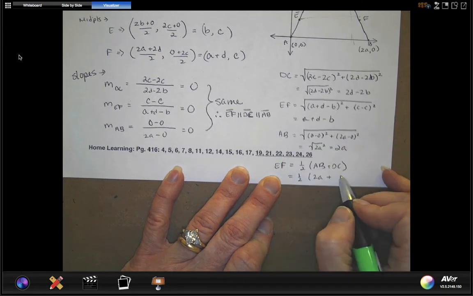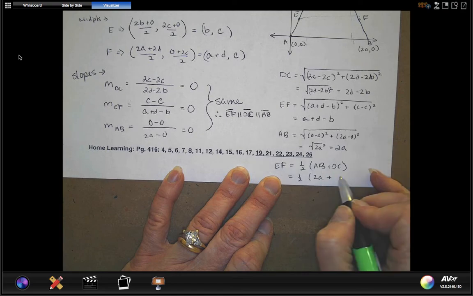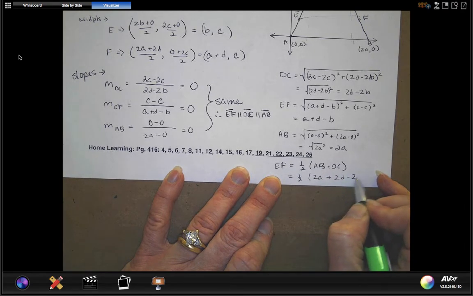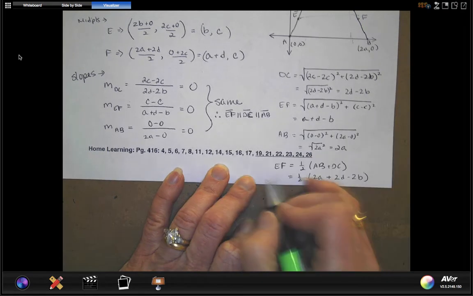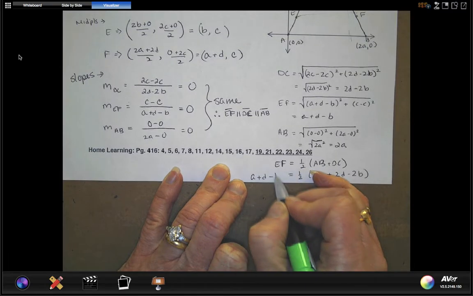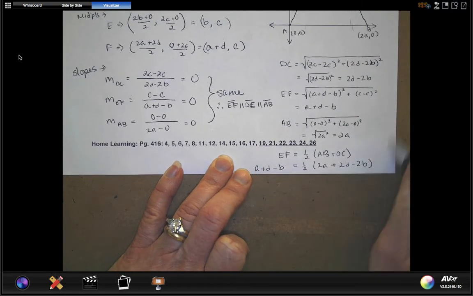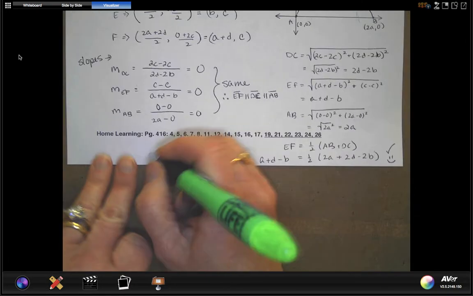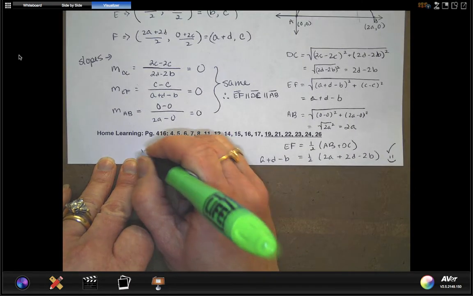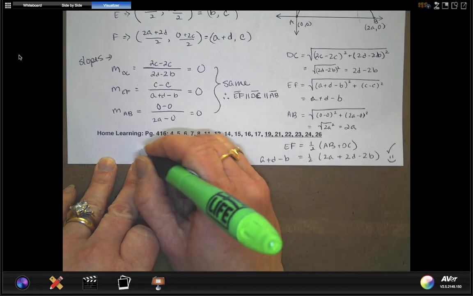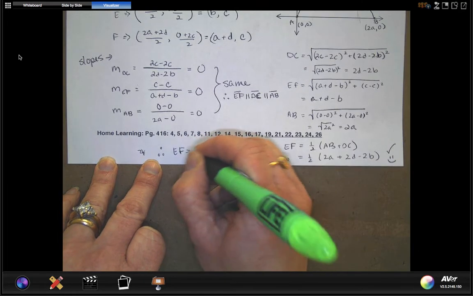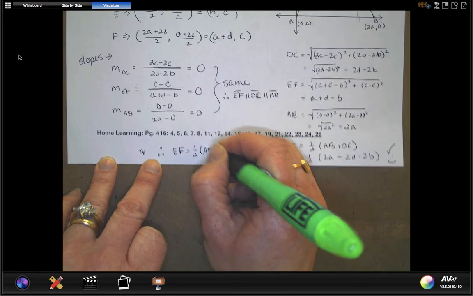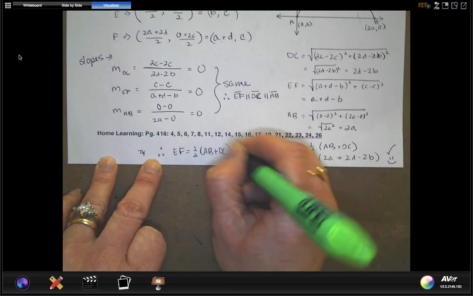So 2A plus 2D minus 2B. EF right here, I just said it was A plus D minus B. If you distribute that, we get the same thing. So therefore, EF is just equal to 1/2 of AB plus DC. Okay?